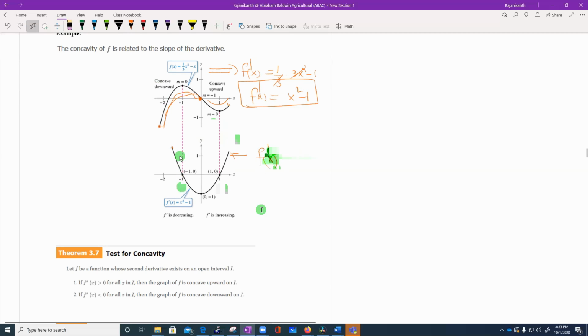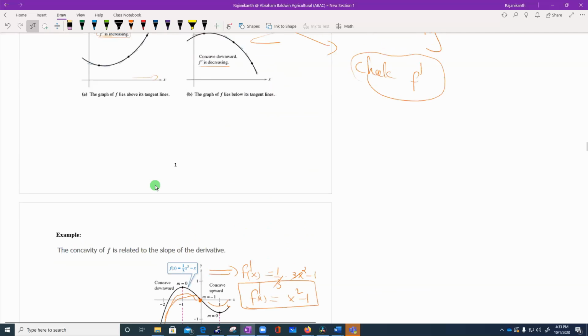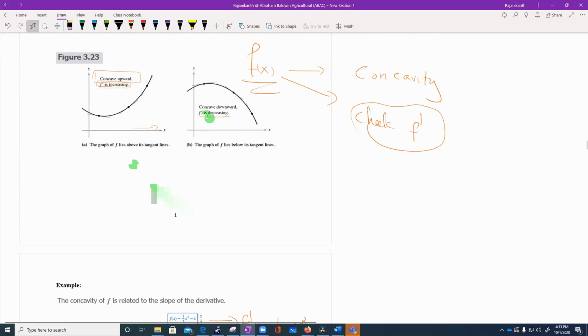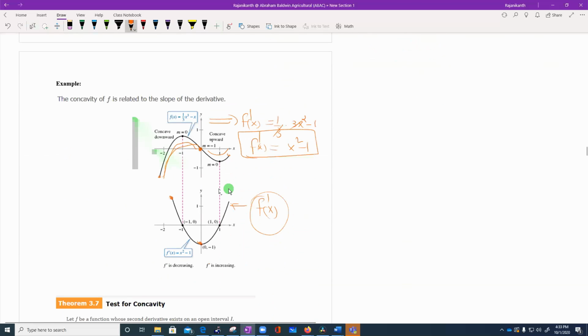From here to this point, my f prime x function is going down, decreasing, decreasing, decreasing. Up to this point, f prime x is decreasing. We all know that if f prime x is decreasing, you will have concave down. That is why for the original picture, from here to here it is concave down.